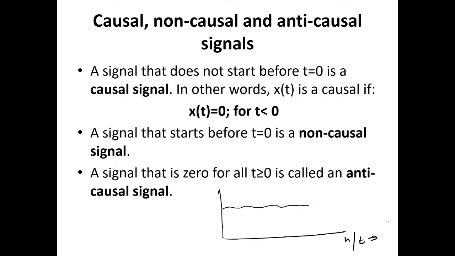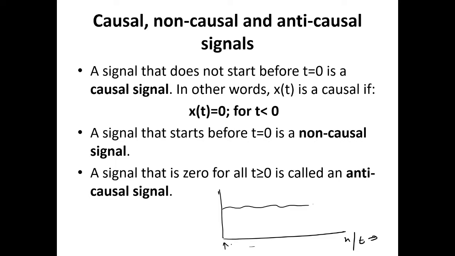So this is called causal. We always consider that n is our present value, and whatever time comes on the right hand side is our future. That means the signals on the right hand side are futuristic signal components.